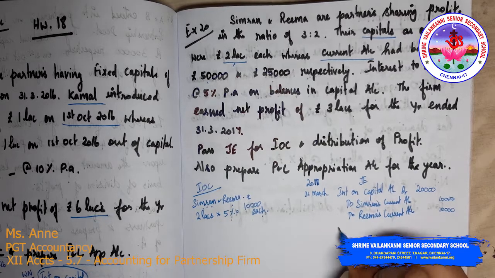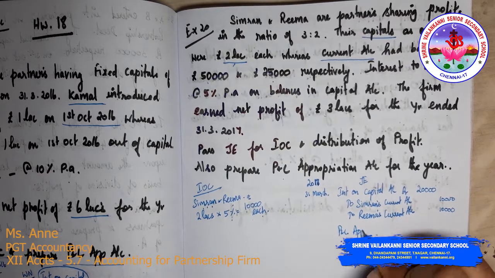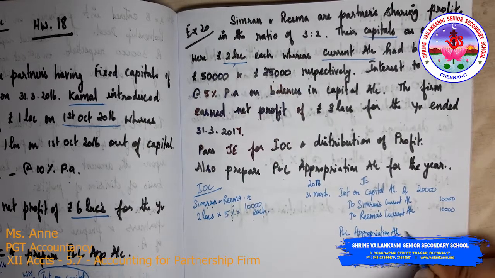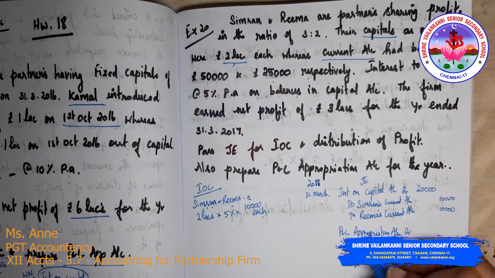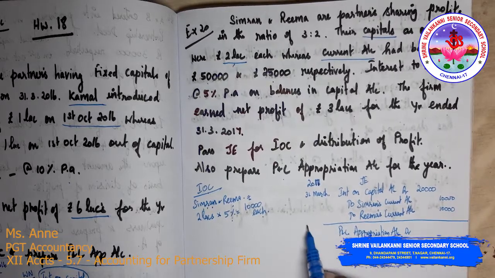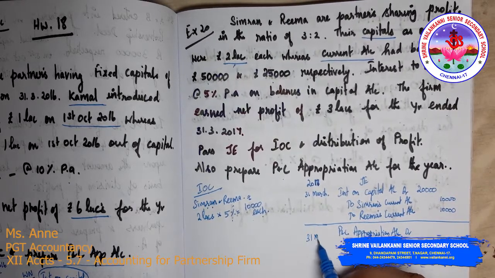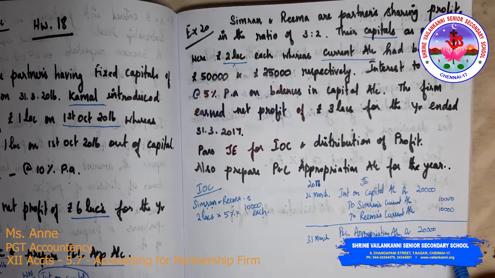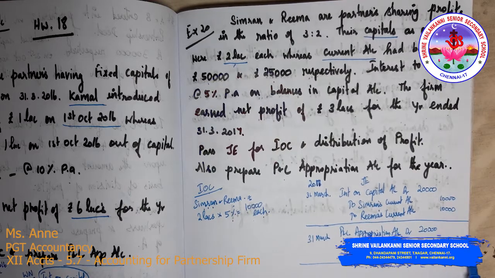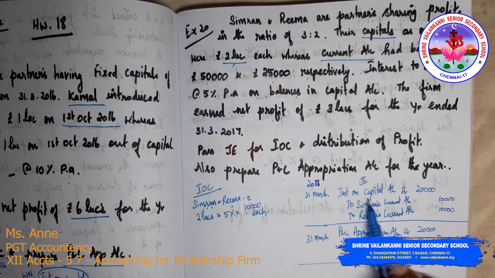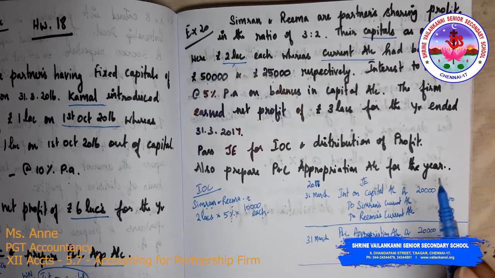Then we have P&L appropriation account debit to interest on capital account. So this is the first journal entry. This is the second journal entry. Okay. So which is 20,000 and 20,000. So if we can see here, debit interest on capital, here credit interest on capital get cancelled.